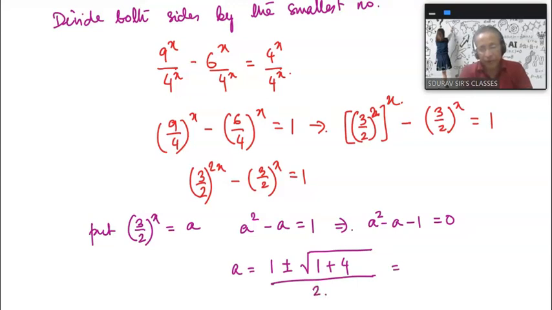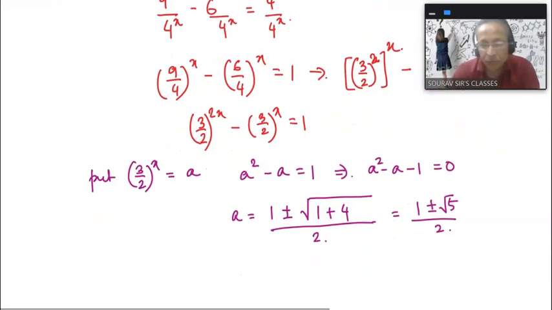So therefore this becomes 1 plus minus root 5 by 2. So now this is the value of a. Now what is a? a is (3 by 2) to the power x.